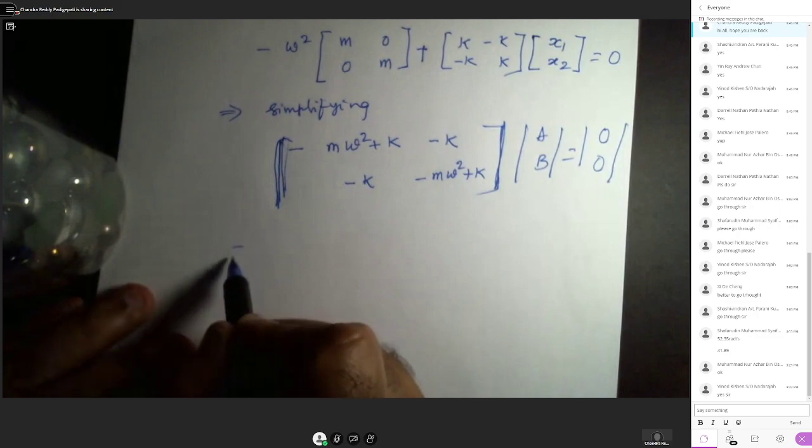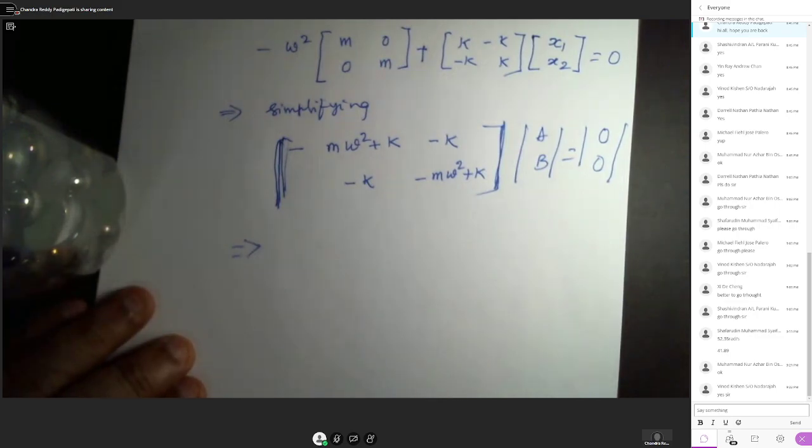Now you can substitute the values given.